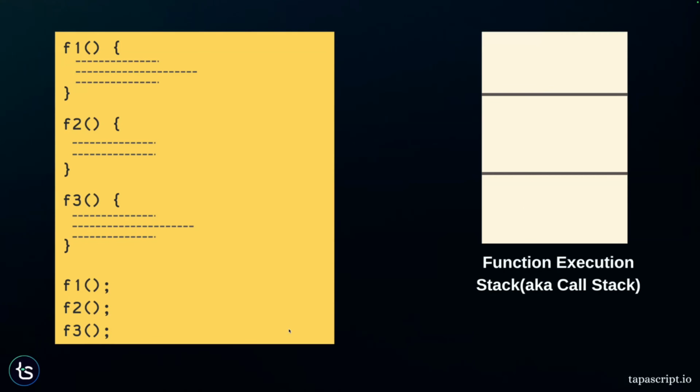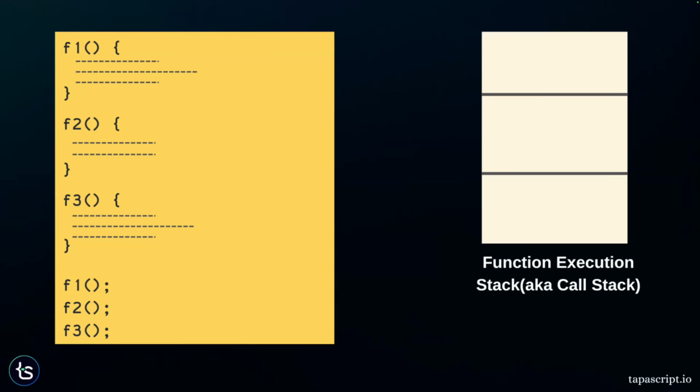First and foremost, F1 will be executed, right? So you have F1 highlighted. The moment F1 wants to get executed, F1 gets inside the call stack we see over here. Now inside F1, we are not making any other function call. So all these instructions will be executed one by one. And once the execution of F1 is over, F1 will come out of the stack.